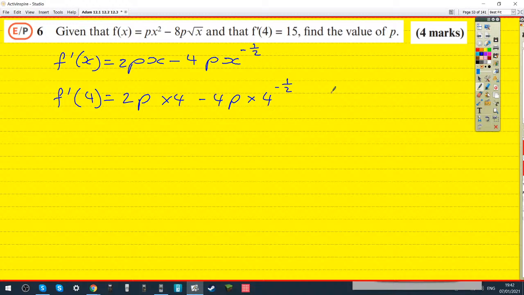And then you do BIDMAS first. Sure. What would you do at the end though? Like at the end of the whole question? Like at the end of this, let's say fully simplify it. What would you do then?